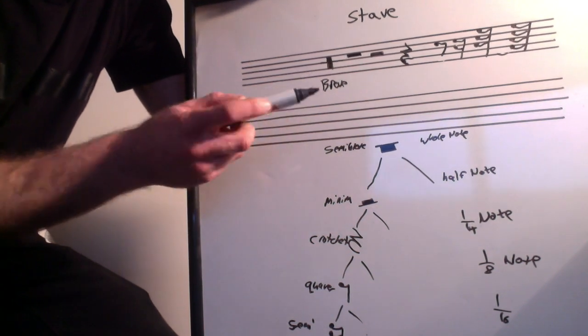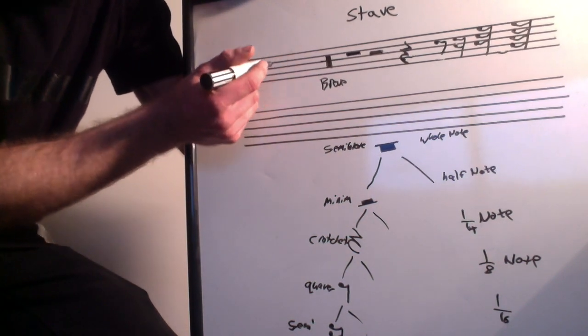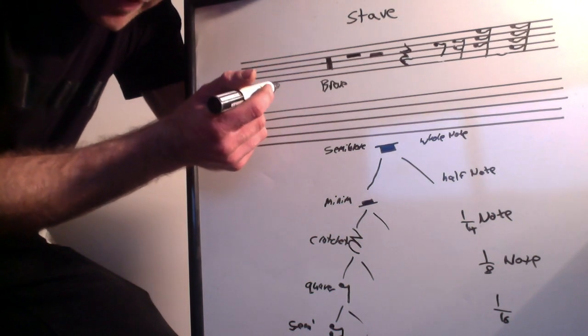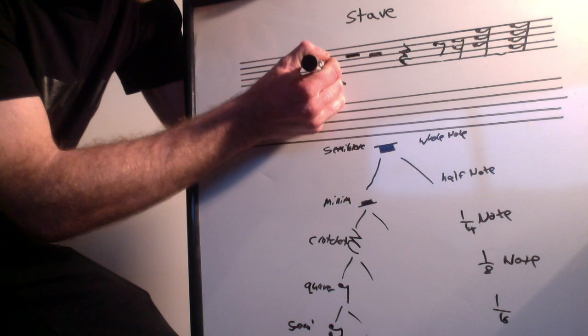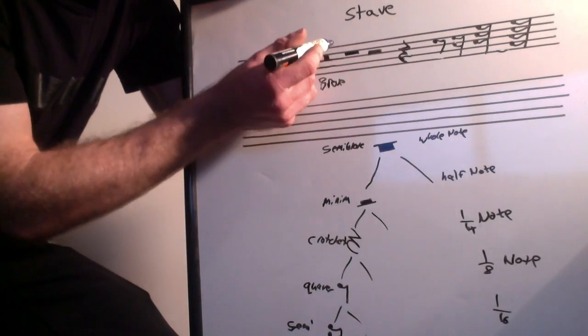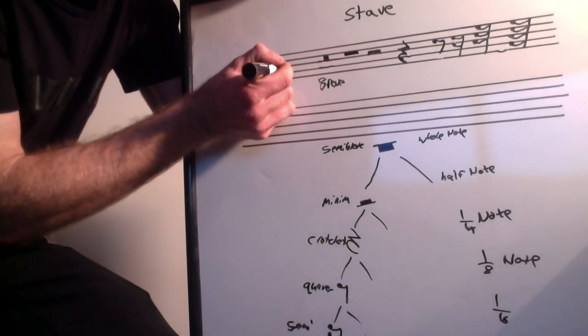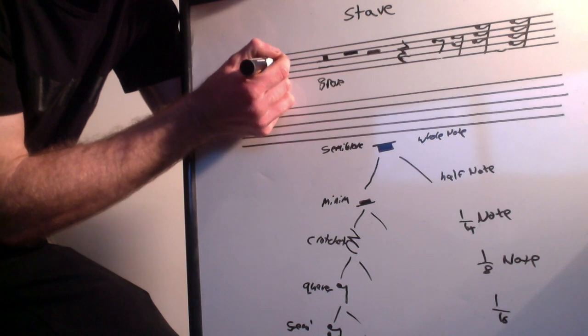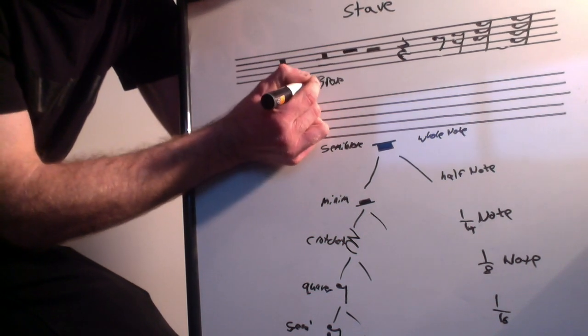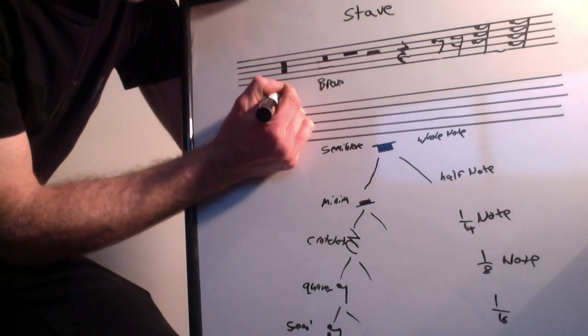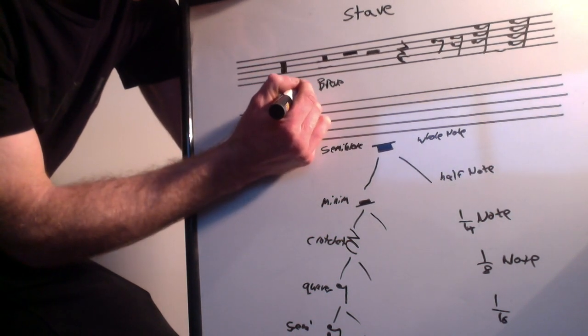Okay, and then you have a long note, a long rest. That one is actually only that one. This one here. So that one's just in the top bar, the breve. This one here is our long rest.